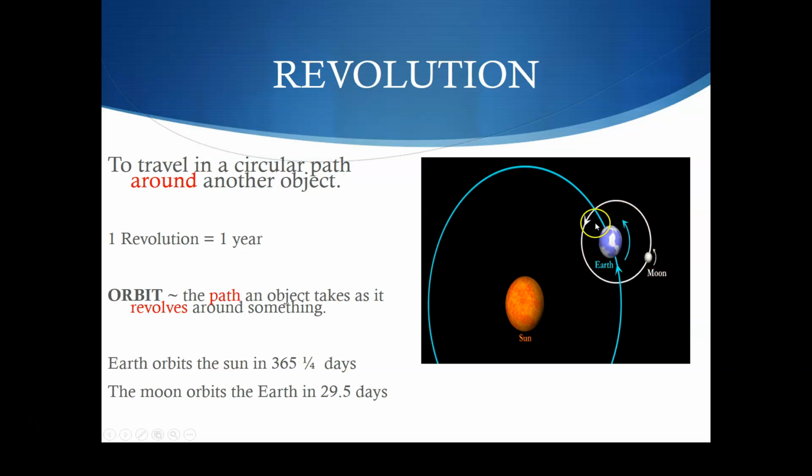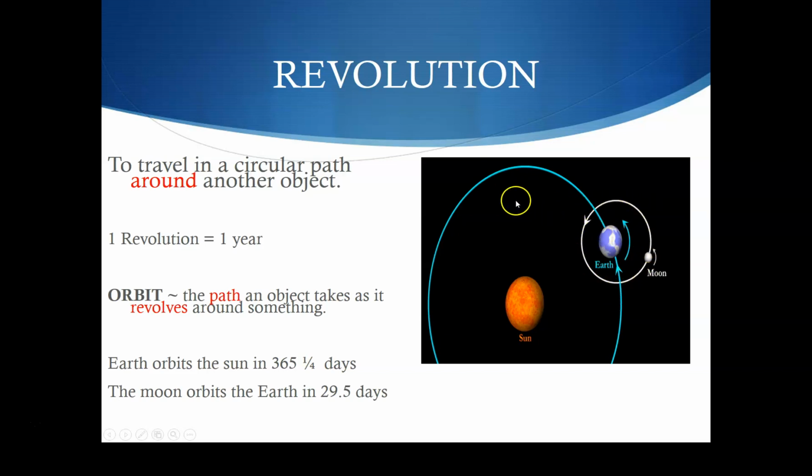The moon also revolves around the Earth, and you can see that in this picture. It takes the moon about 29.5 days to go completely around the Earth. So the Earth revolves around the sun, taking 365 days, or 1 year, and the moon goes around the Earth, but luckily for us, the moon only takes 29 days to go around the Earth.